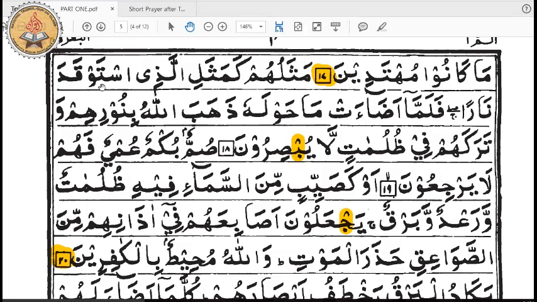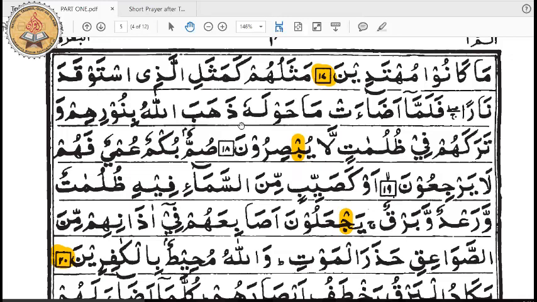Just as you did with the tau, you do the same thing over here, and you would say how. So this is ma how, because this is the lean letter rule that you've learned before. Now let's move on to this lahu.